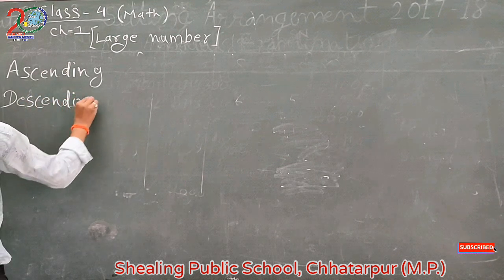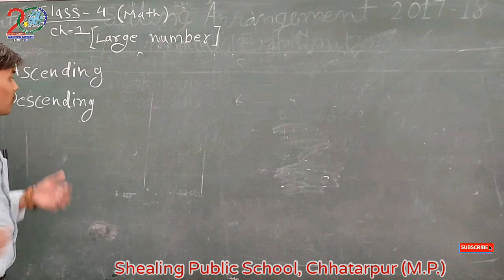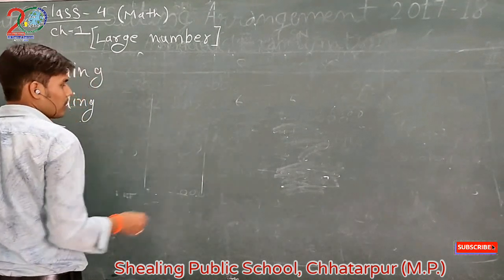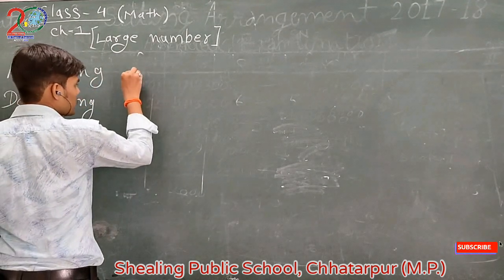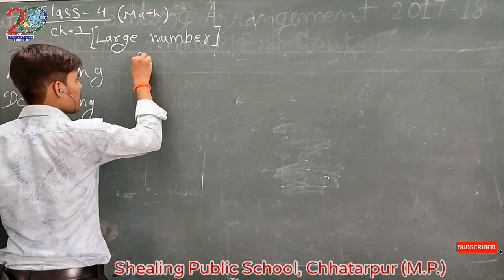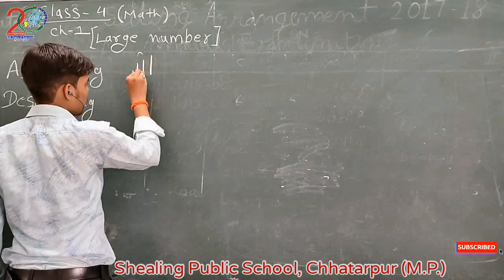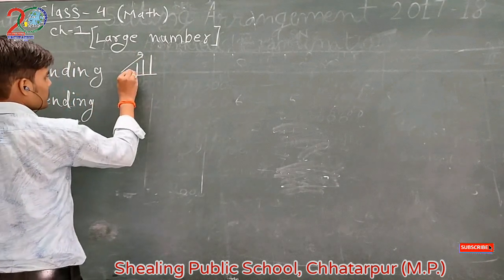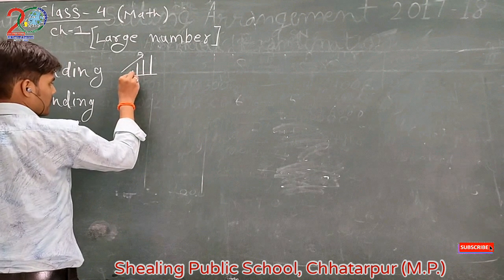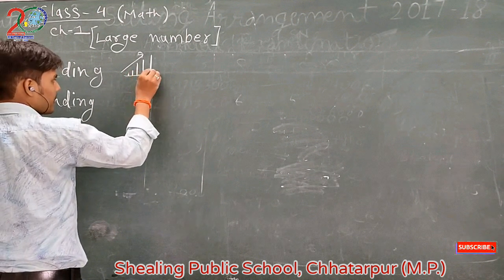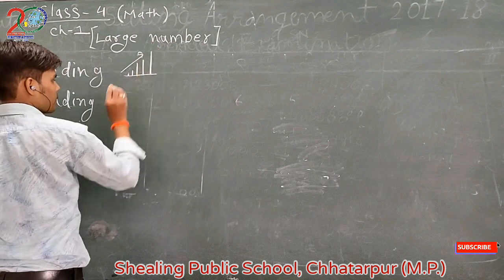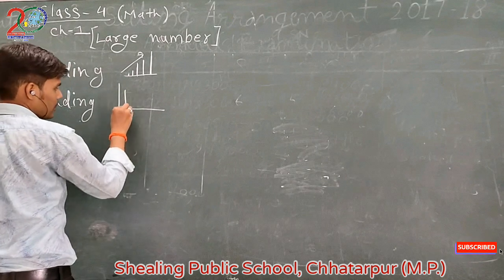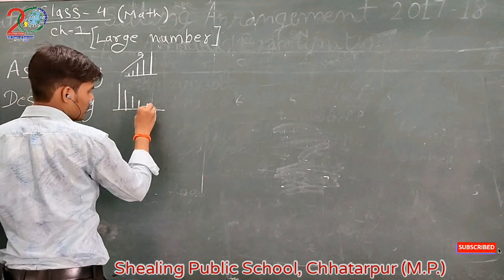In ascending order, we take the smallest number in the digits. Smallest, then large, then greatest. Like this. Ascending order, first we take the smallest number, then greater, then greater, then greater, then last one is largest. In descending, just opposite.